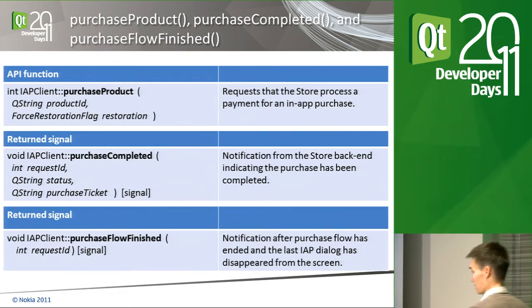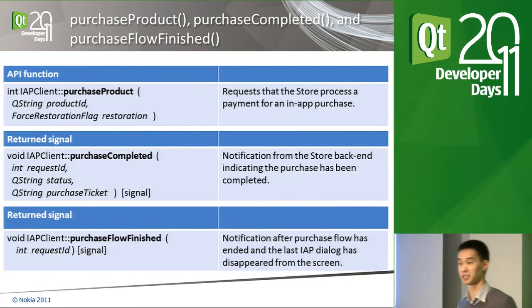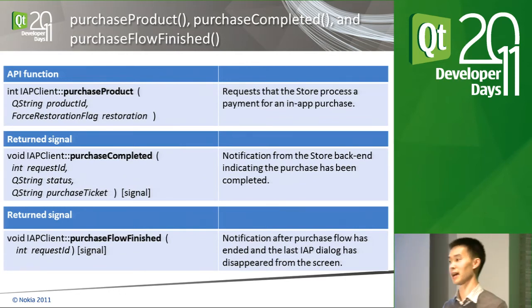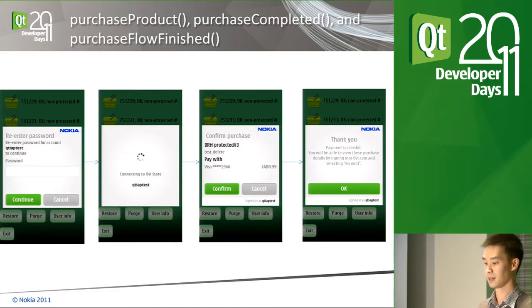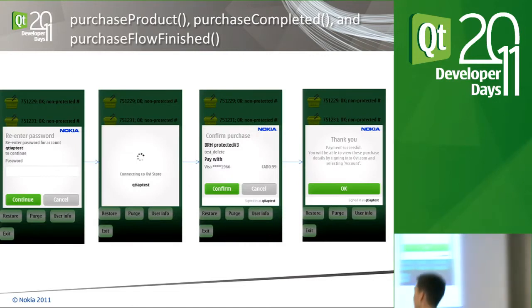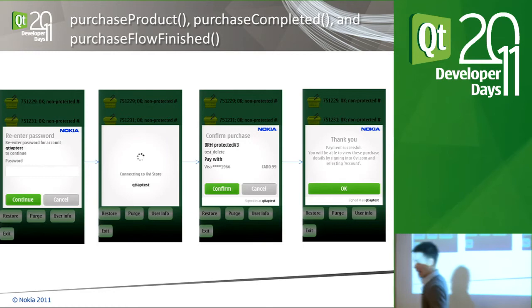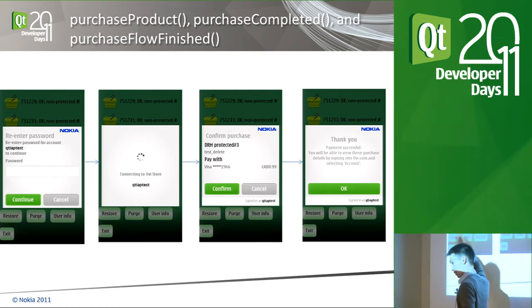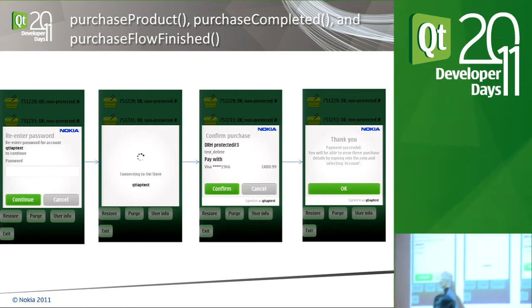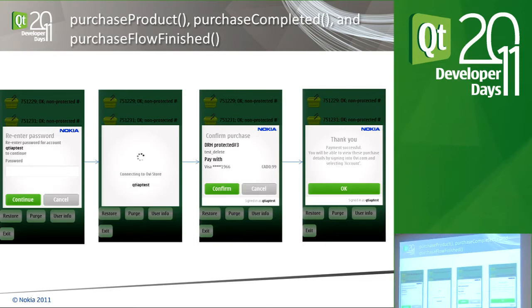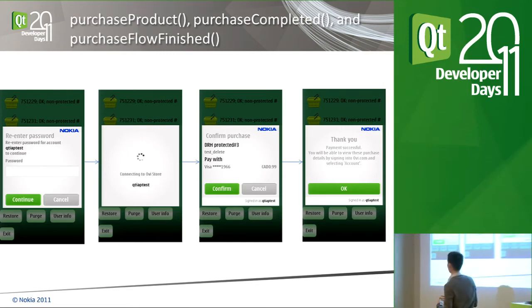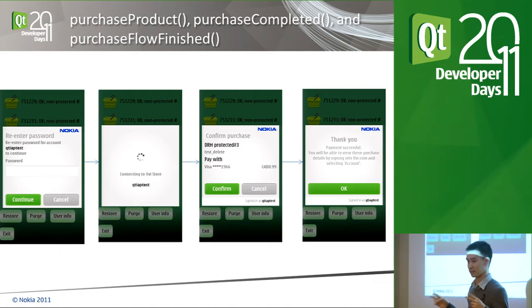The second signal that is received is the purchase flow finished, which is just an indicator that the user has acknowledged by clicking on OK. And the focus is now back into your application. So here we go. As soon as the app calls purchase product, then it displays the prompt. So a note about this is that if a Nokia Store user has logged in within the last 15 minutes, then they are eligible for what's called silent restoration.